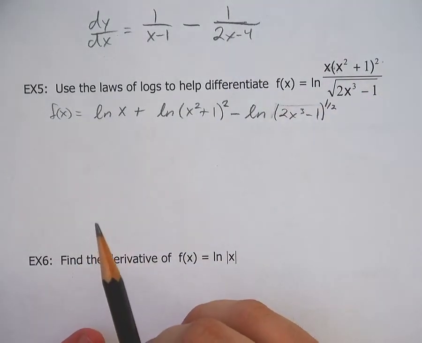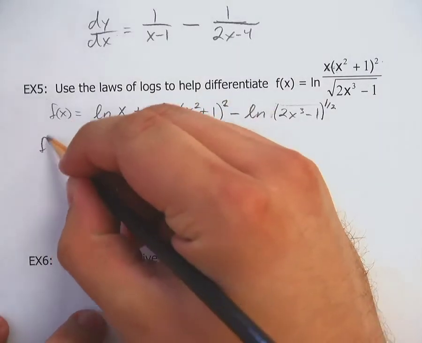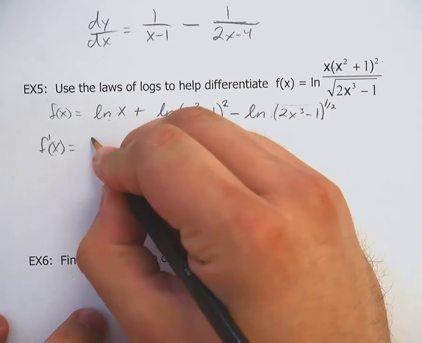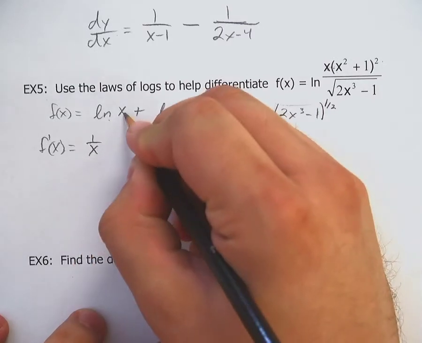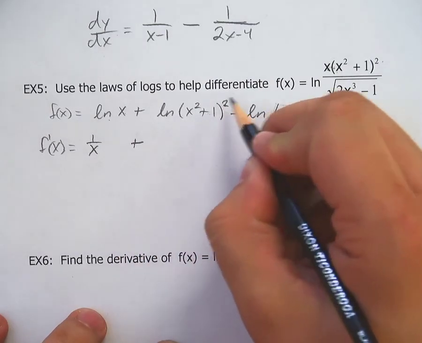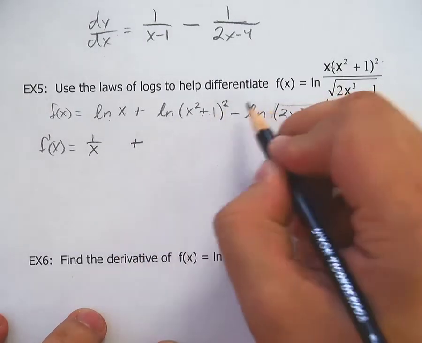All right, and then from here, f prime of x, and this helps me break it up. The derivative of the natural log of x is 1 over x, and the derivative of x is 1, so that's not going to change anything. Plus, we can bring this 2 down, right?